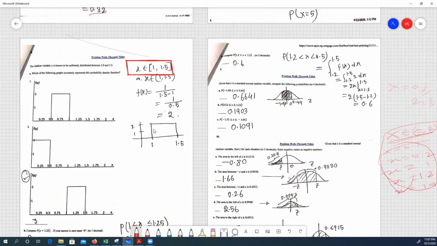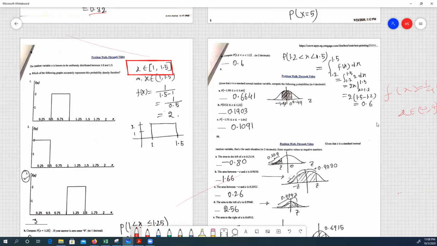So if you look at this density function, for example, suppose f of x equals 1 over 4 and x belongs to 0 to 4.